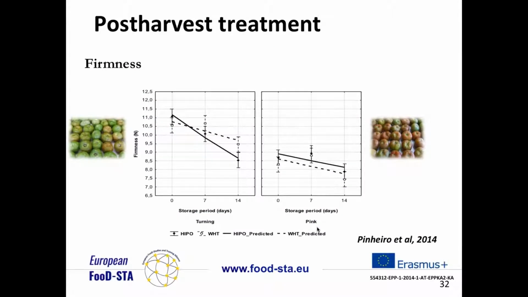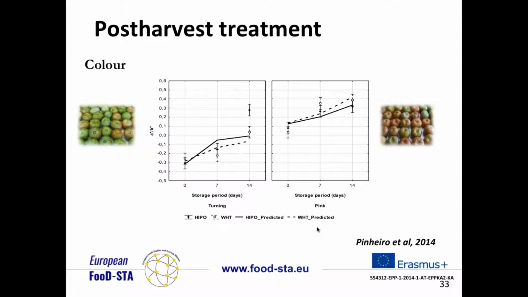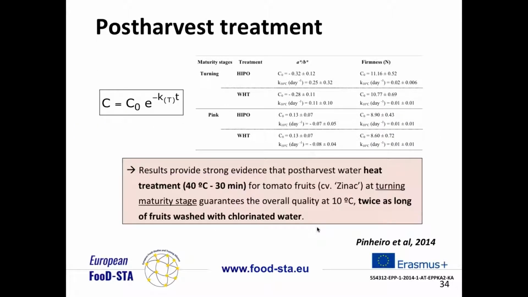We measured several parameters, but one of the most important was the firmness, and here you can see the results of experimental and predicted firmness along time. And we did similar for color. We were able to model, using simple and empirical equations, the color change and the firmness along time.